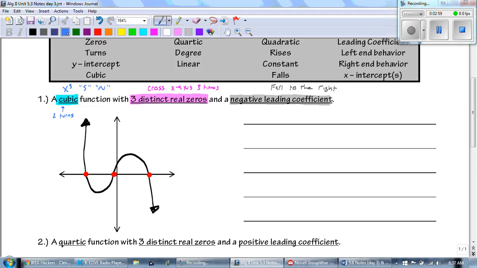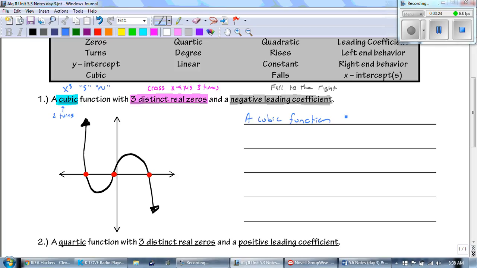The first thing that I'm going to talk about is what I underlined in blue, meaning that it's cubic. So if something is a cubic function, what that means is there can be a max number of 2 turns.